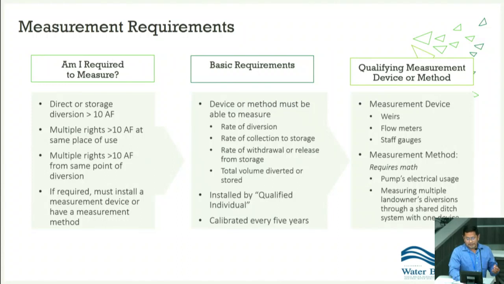And a measurement method requires some math, but it might require a device and a calculation, such as using your pump's electrical usage to determine how much was pumped, or using a calculation to determine, if there's a shared point of diversion and you have multiple water users, how you divide that water use between the multiple users.